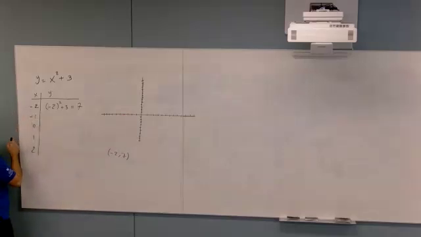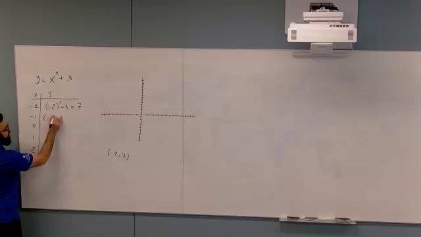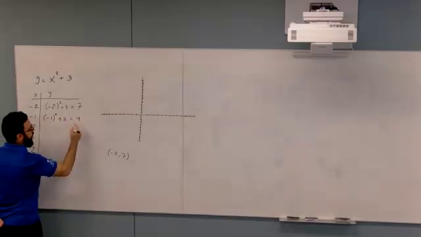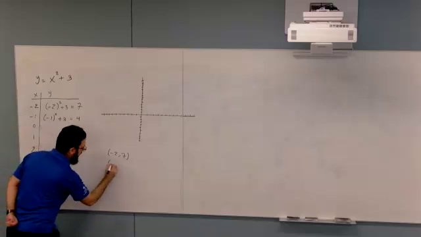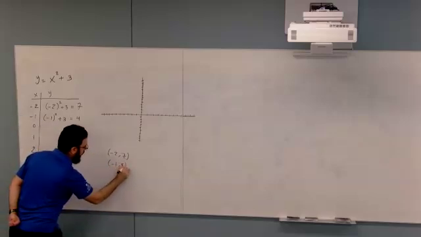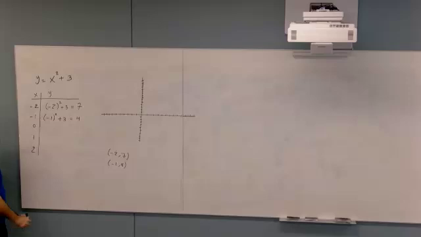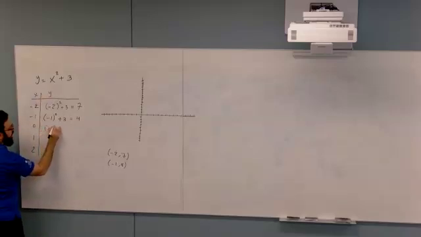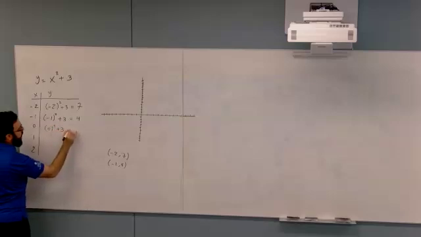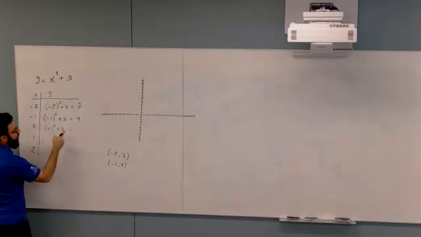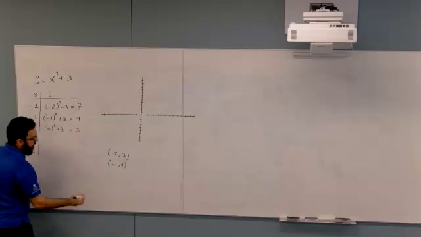Now, negative 1. Same thing. Negative 1 squared plus 3. Negative 1 squared is 1. Plus 3. I think the second point is negative 1 and 4. 0. Plug in 0 here. So give me 0 squared plus 3. So cool. 0 squared is 0 plus 3 is going to be 3.